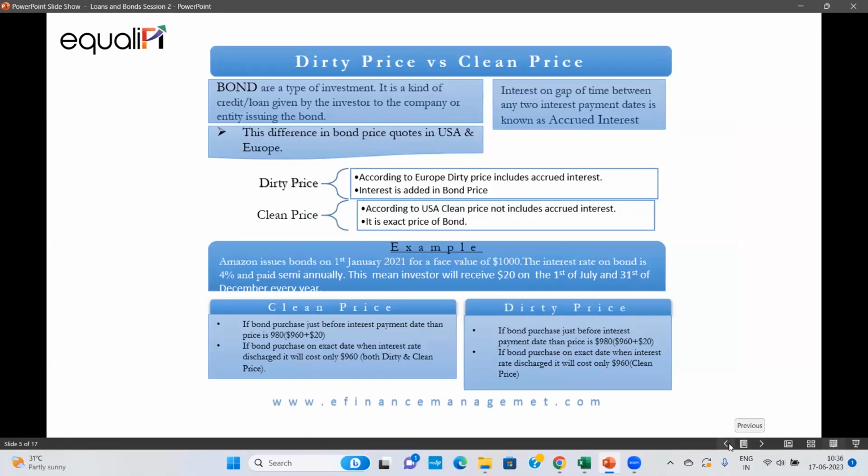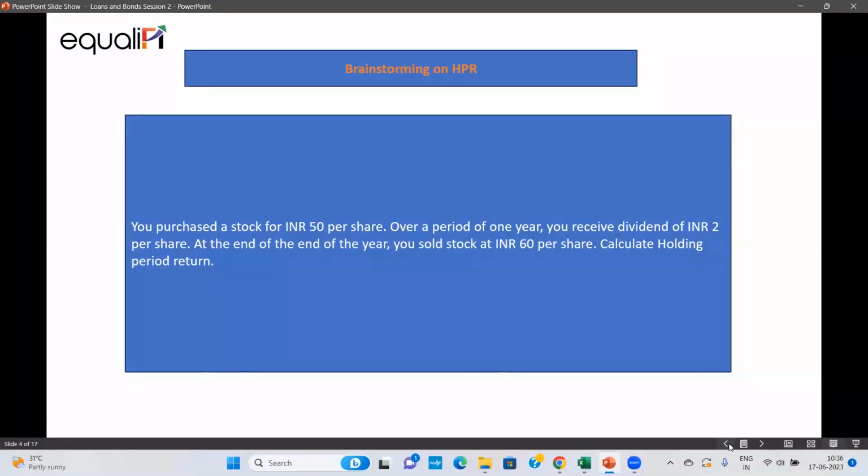Now, before I come to clean and dirty price, can somebody give an idea about what is clean and dirty price? Including and excluding the interest.